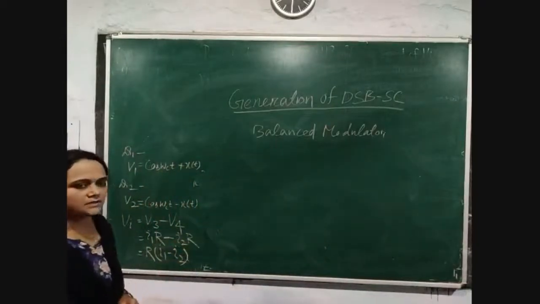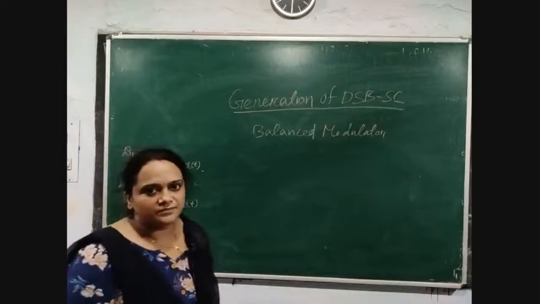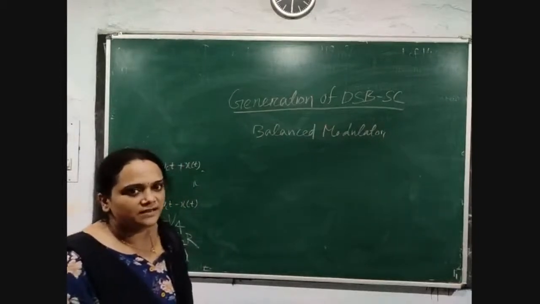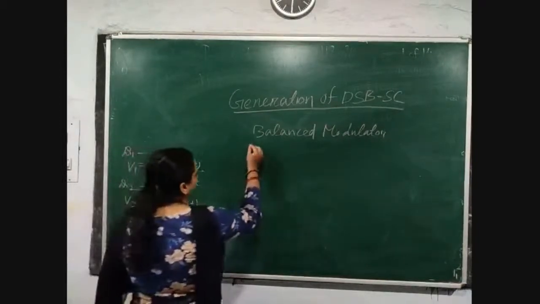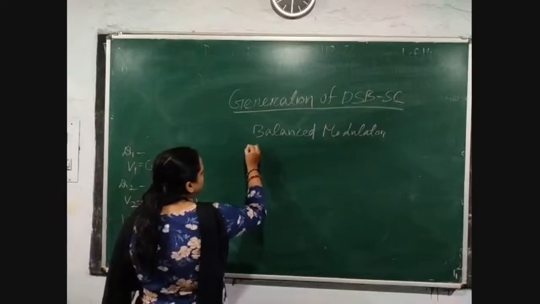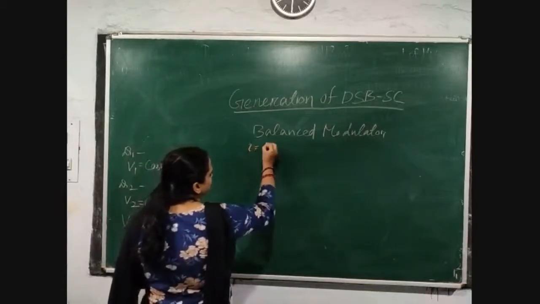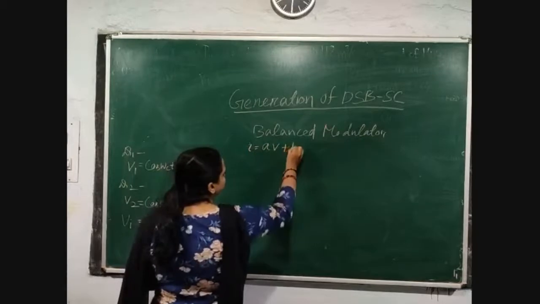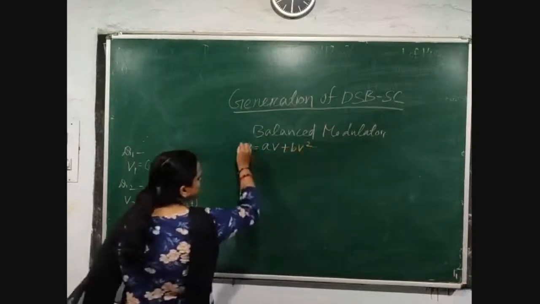Okay, then as we know, the non-linear relationship means non-linear VI relationship for diode D1. First non-linear relationship, that is AV plus BV square.